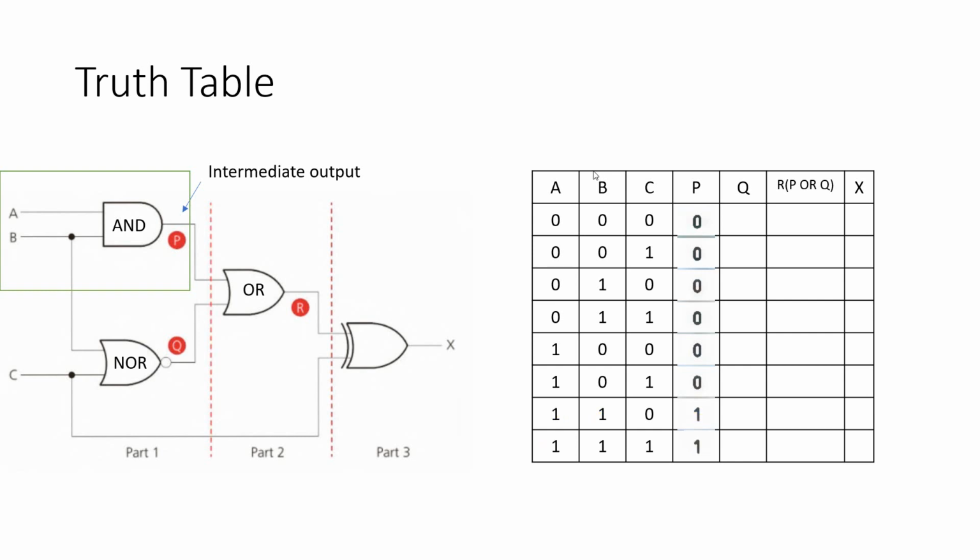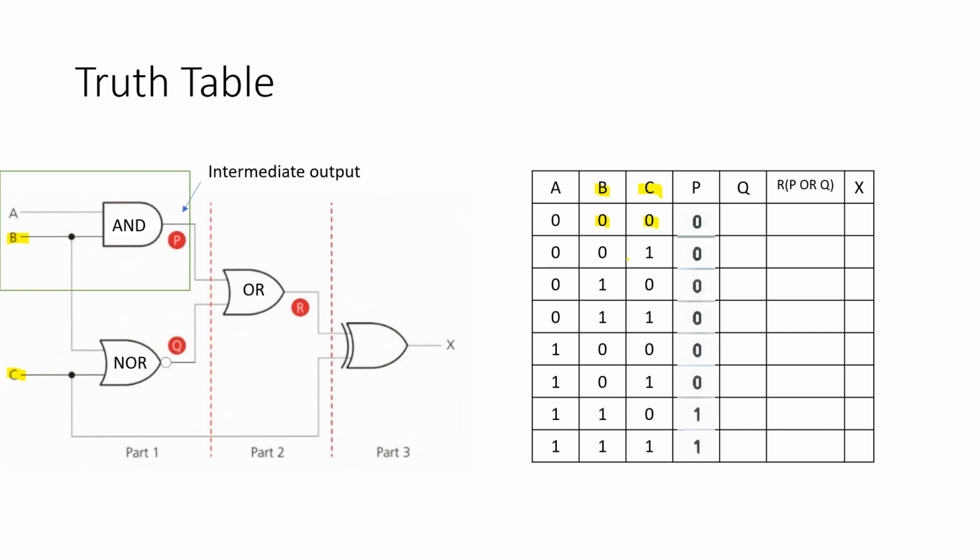Next we need to consider the NOR gate. For the NOR gate the input is coming from B and C. So here is B and here is C. What we need to do is find all the places where both are zeros, because in the case of OR gate you will get output 0 if both the inputs are 0, but here it is NOR, so it will give an output 1 only if both the inputs are 0.